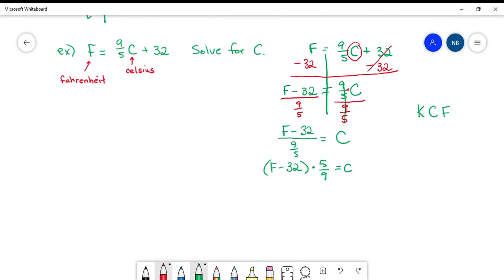So I keep the numerator, I change the division bar to a multiplication, and I flip the denominator 9/5 and make it 5/9. And this is actually the formula. This is the answer. I'm going to put the 5/9 in front because that's just sort of traditional. But this is the formula for finding Celsius when you're given Fahrenheit.